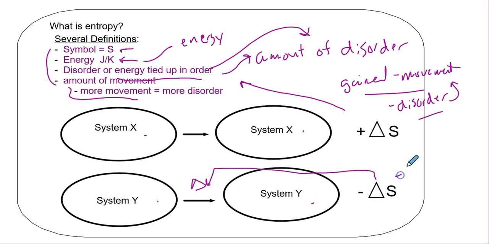That means you lost disorder, or you gained order. To gain order would mean maybe you have less movement. So, a little bit about entropy, kind of a form of energy.